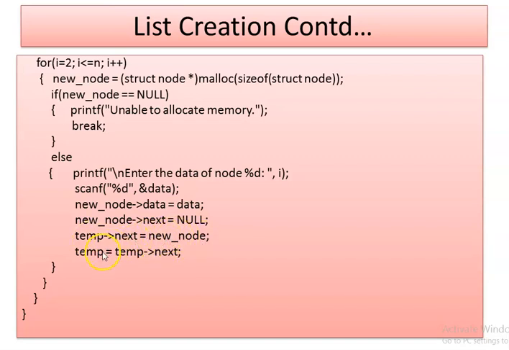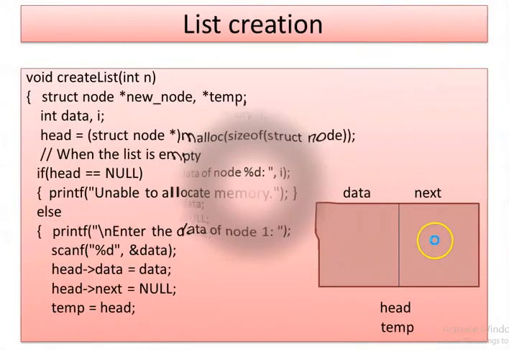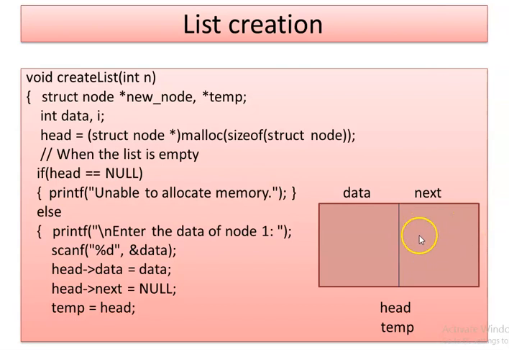Now what we are doing? Temp equal to temp arrow next. What is temp arrow next? Temp arrow next is 3000, and we are assigning 3000 to temp. In this statement, temp was assigned with 2000. We are overwriting that 2000 with 3000. What does it mean? Temp now becomes the name of next node.